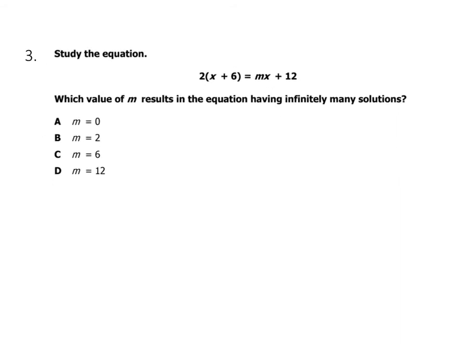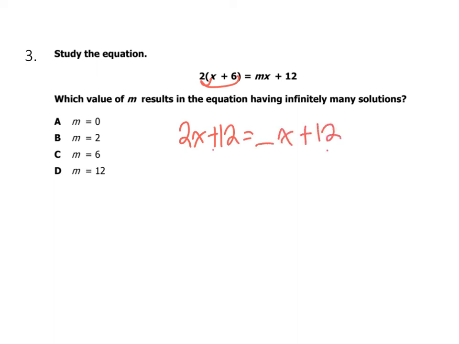Number 3, study the equation 2 times x plus 6 equals mx plus 12. Which value of m results in the equation having infinitely many solutions? So I want both sides to be equal, so I'm going to distribute my 2. So I have 2x plus 12 equals, I'm going to leave that blank, x plus 12.